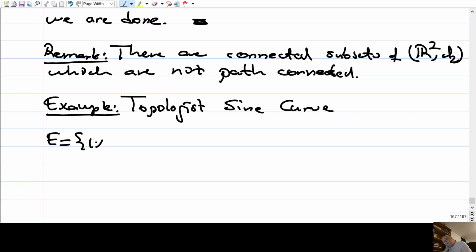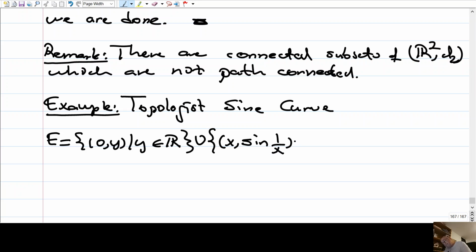The points (0, y) with y in R, namely the y-axis, right? Union points like this: (x, sine 1 over x), where x is a positive number.